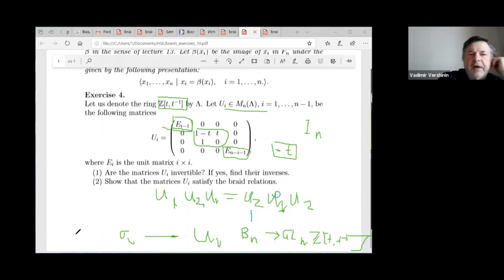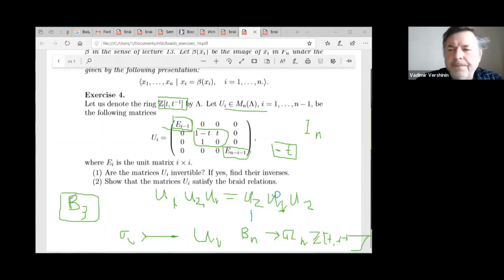It was defined by Werner Burau in the 30s of the last century. Actually, in our exercise that we discussed, you can use this to prove that for B3 this is a monomorphism. So it means that this representation of the group of braids on three strands is exact.